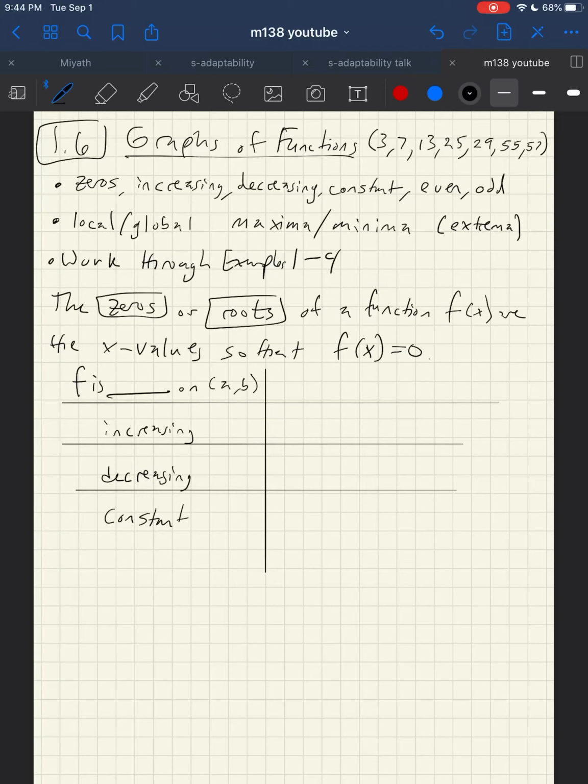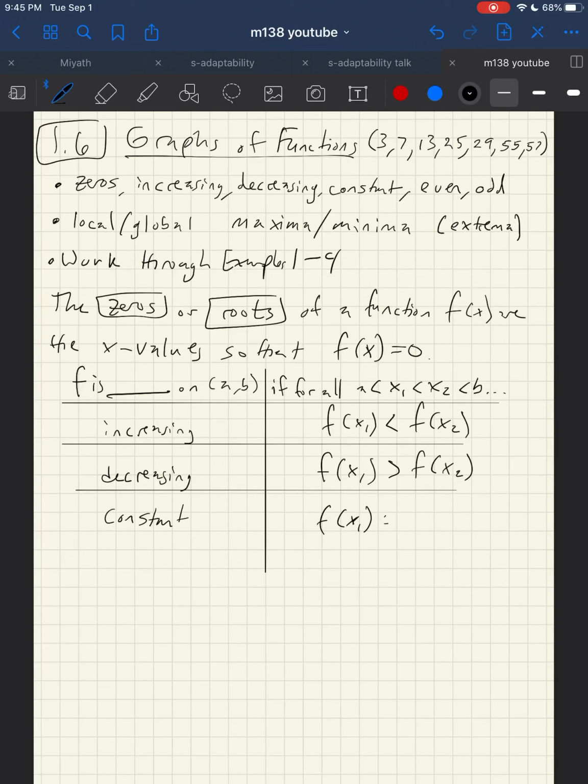And this happens if for all a less than x1 less than x2 less than b, something happens, and what is it? It's increasing if f of x1 is always strictly less than f of x2. It's decreasing if f of x1 is always strictly greater than f of x2. And it's constant if f of x1 is always equal to f of x2.